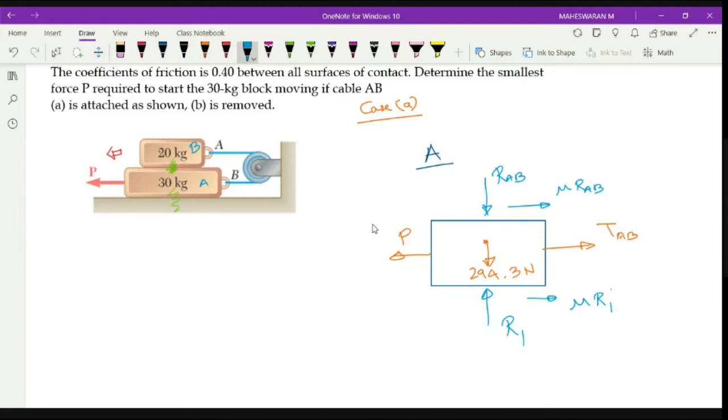We know the value of mu, which is given as 0.4. In that case, I can rewrite this as 0.4 RAB, and this as 0.4 R1. So these are my overall forces. The first step is to identify the number of unknown forces.